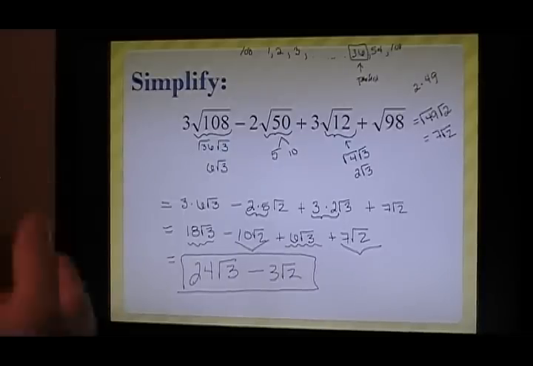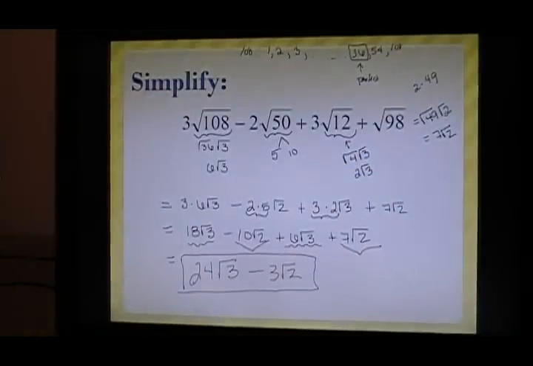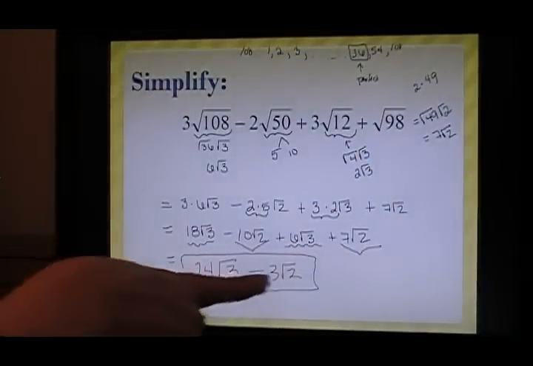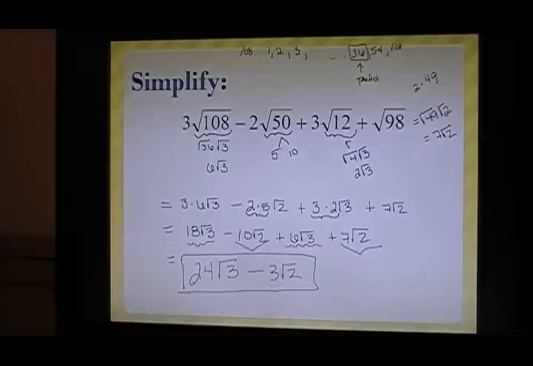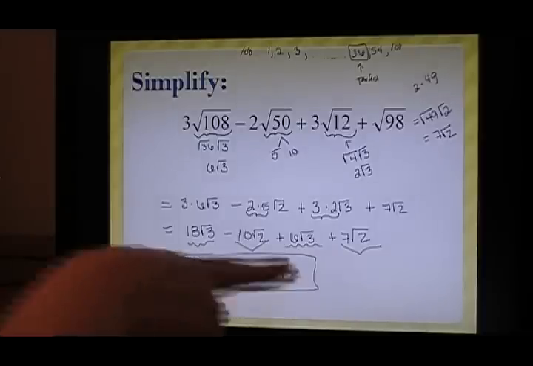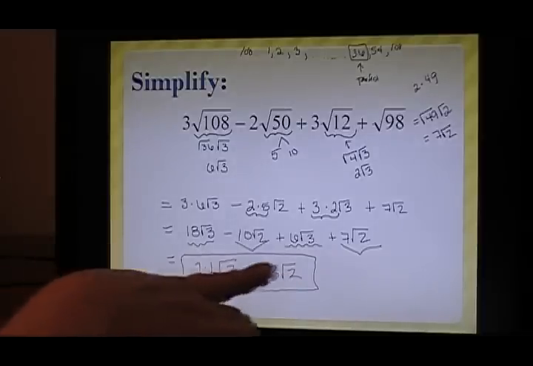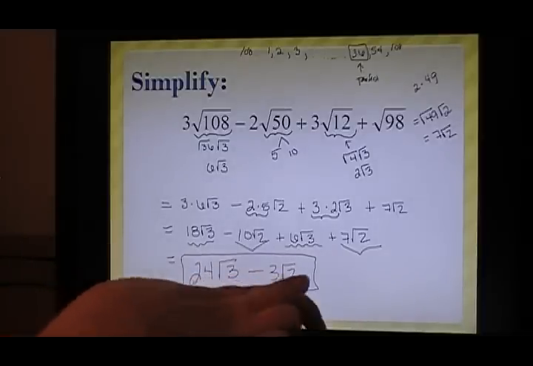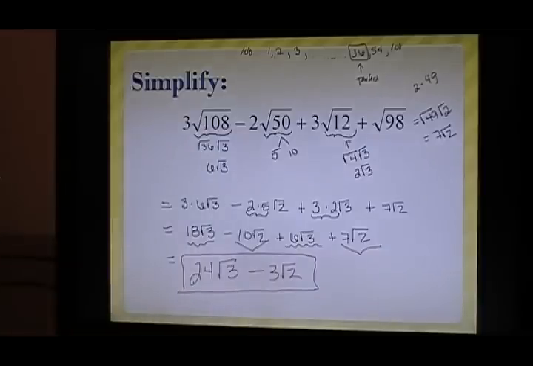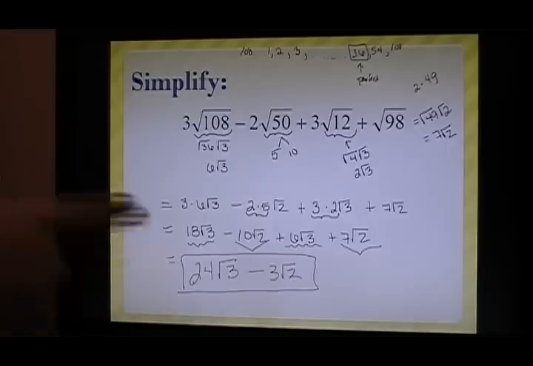When you are simplifying and you have multiple terms, you stop when every root is simplified, meaning, since we're dealing with square roots here, they have to be numbers that are not perfect squares themselves, nor divisible by perfect squares. And also you can stop when you've combined your like terms.